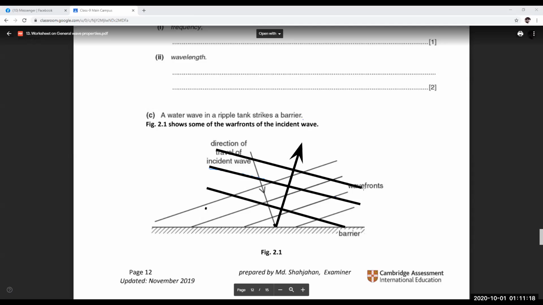Excellent. Shivanto is awesome. Other students, wait for them and they should complete it. Please draw this diagram. You should understand it. When it is reflection, then you have to draw the wavefront this way.